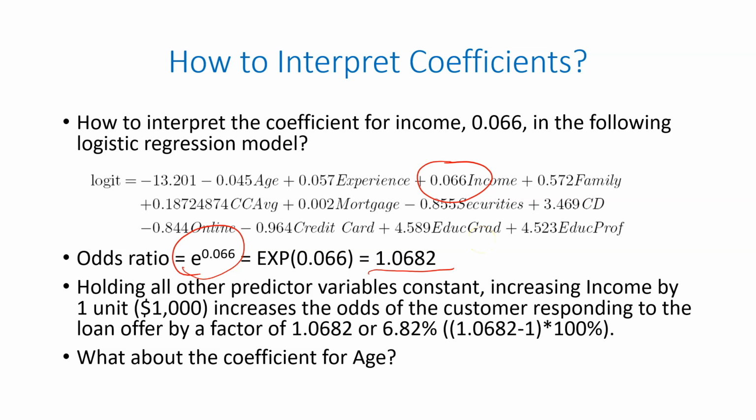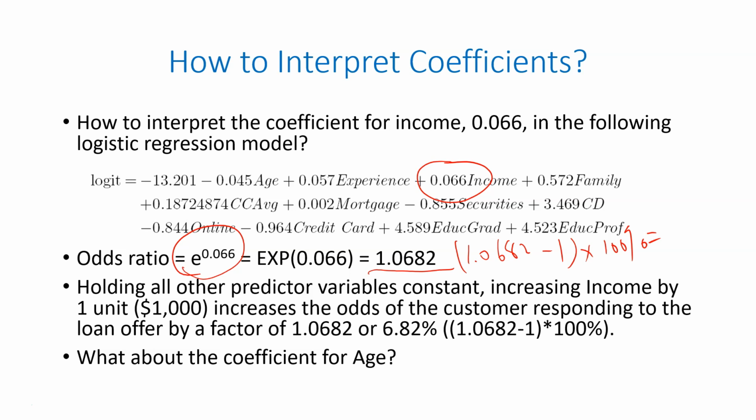As 1.0682 is an odds ratio, one simpler way to understand the magnitude of the impact is to subtract 1 from the odds ratio and multiply by 100%. For example, 1.0682 minus 1 and multiply that by 100%.